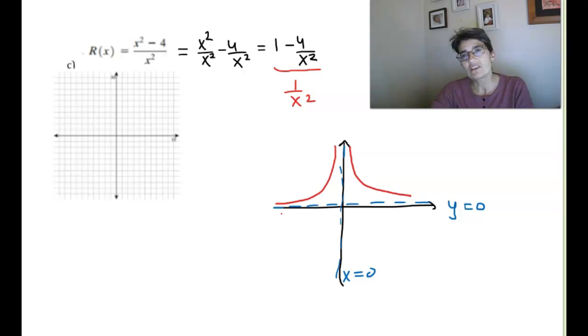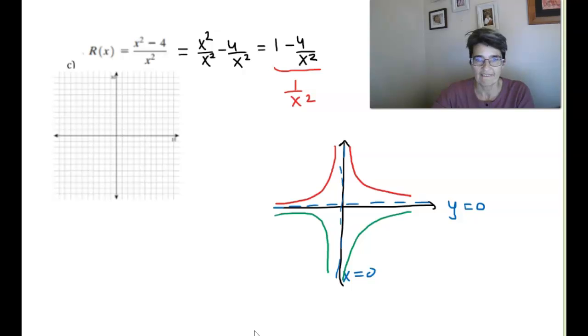Alright, so there's a bunch of stuff going on here. The minus is a flip. Okay, so this minus here is going to make the graph flip over. The 4 is going to make it stretch vertically.